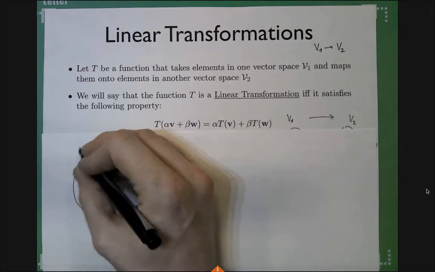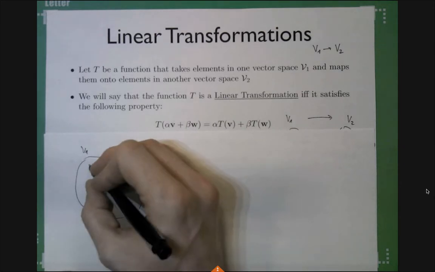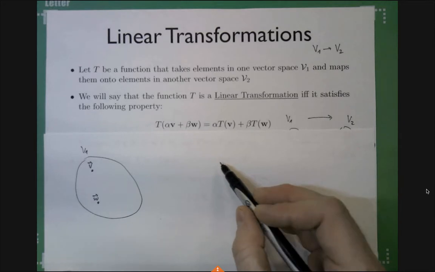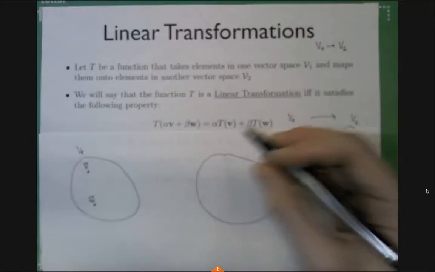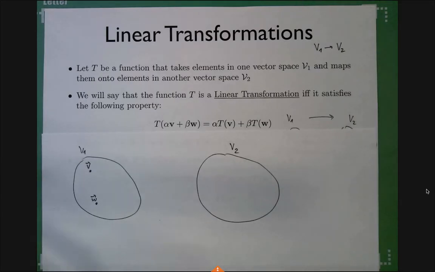So if this is my v1, and I have two arbitrary vectors v, w, and I have v2, that's, again, my artistic license, right? Oh, sorry, you should remind me because I don't see this refocusing here. If it's doing that, I need to lock it, because otherwise it's quite annoying.